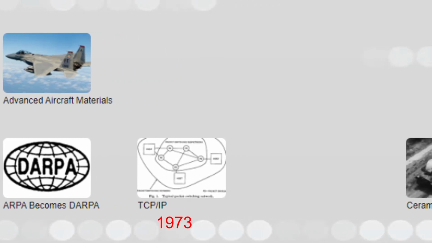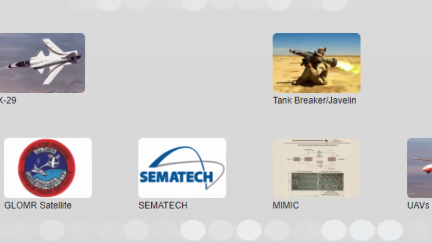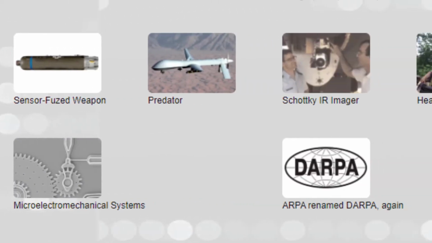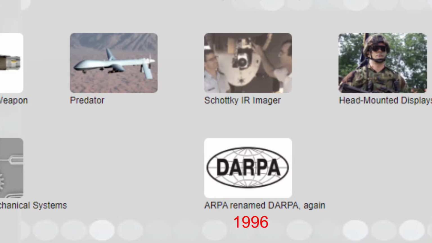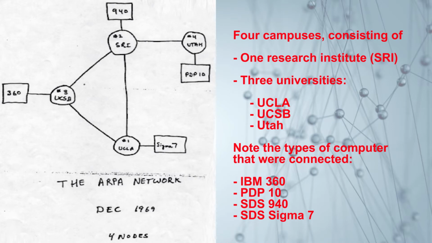But this network that was initially constructed from about 1969 onwards was initially known as Arpanet because it was funded by ARPA. In 1969, 5 campuses were interconnected. That included 4 universities and 1 research institution.